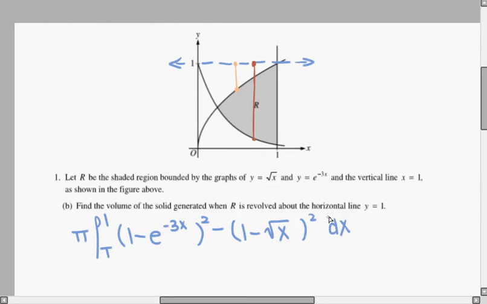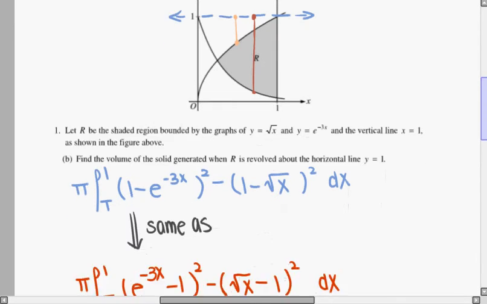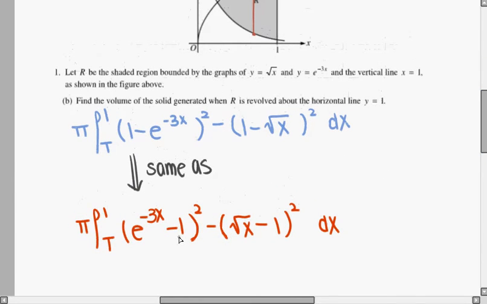So we're going to also do the same for the value closer to our horizontal line, and of course we have to square both of them. And note that this is the same as this, it's just flipped.